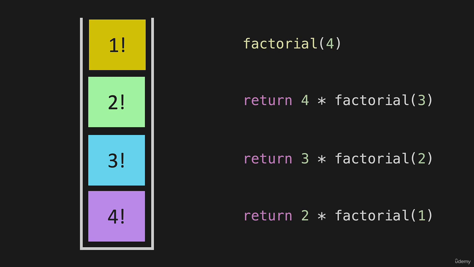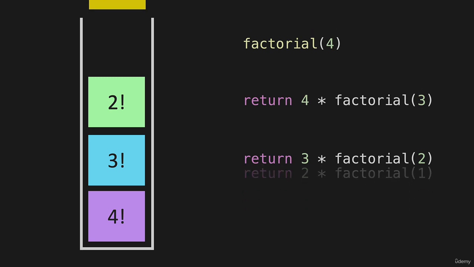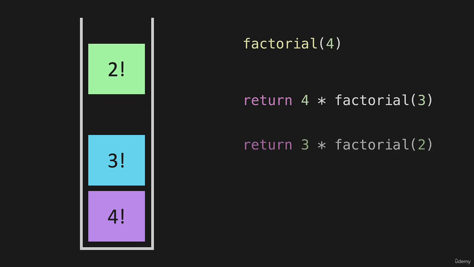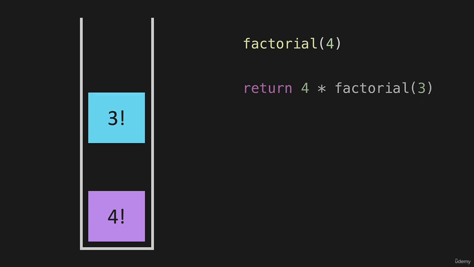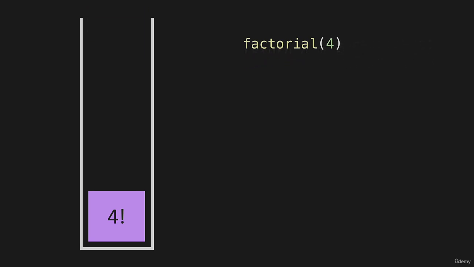And it's only that last instance of the factorial function that can run because it's at the top of the call stack. So remove that, and then we can calculate the next one like this, and so on until we get to here, and then we return the 24.